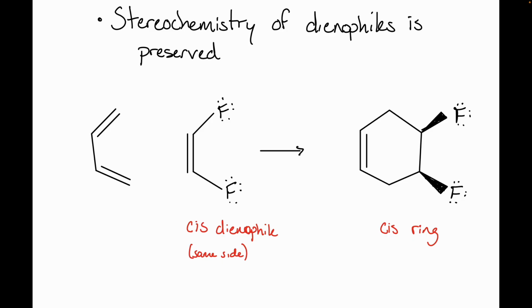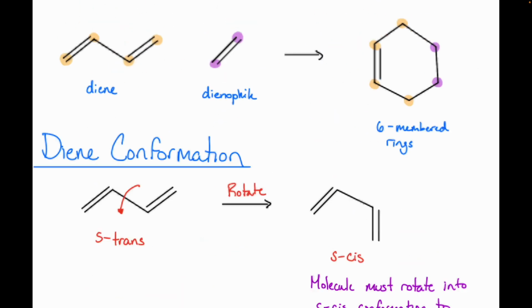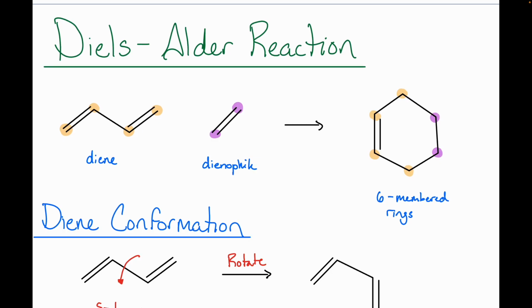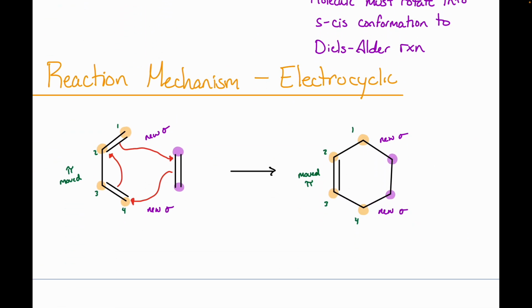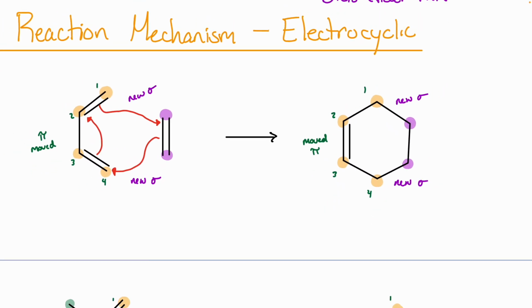All right, so our first reaction of our conjugated dienes here are these Diels-Alder reactions. We're going to take our conjugated diene, react it with what we call a dienophile, and we're always going to form a six-membered ring. We always have the same mechanism for these Diels-Alder reactions, this electrocyclic mechanism, where we create two new sigma bonds, two new single bonds, and then one of our pi bonds moves over.